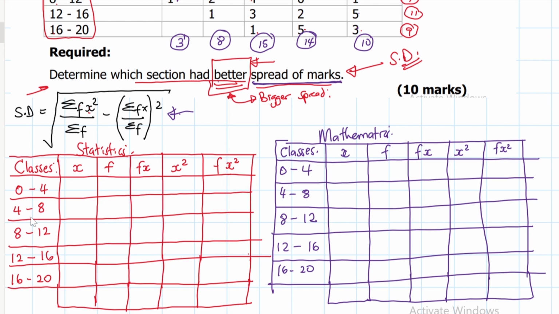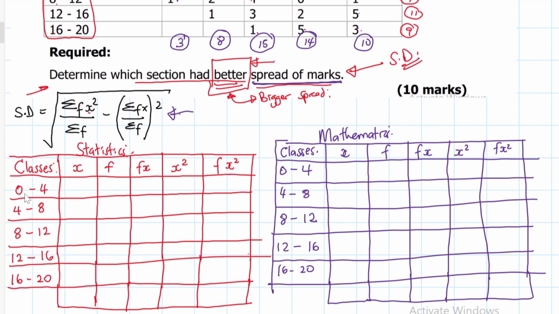So these ones are class boundaries. But then there's such a thing we call class limits. If we are having the upper class limit and the lower class limit, the way we get the value of x will be different from when it is class boundaries. I will not go into those details now.